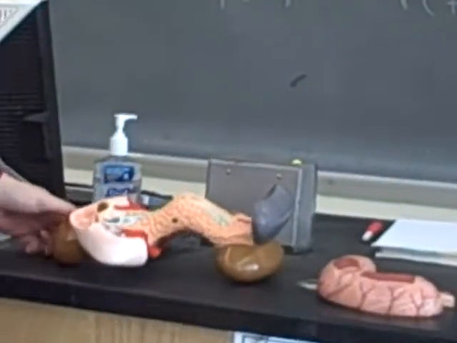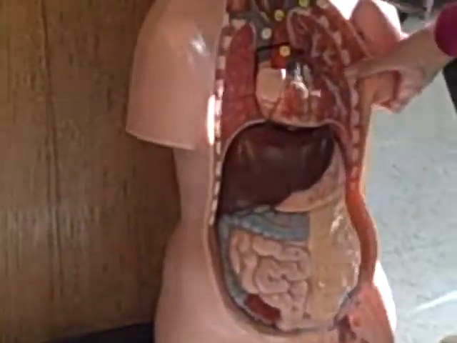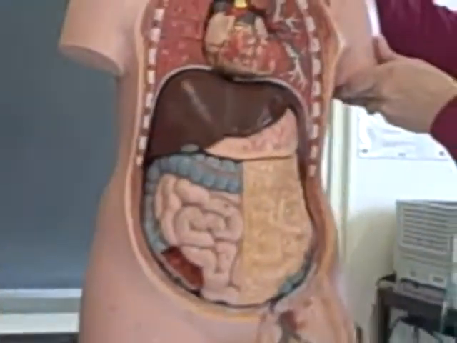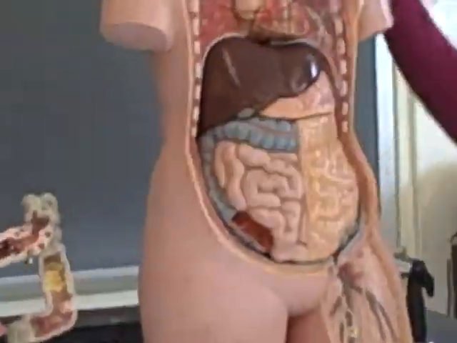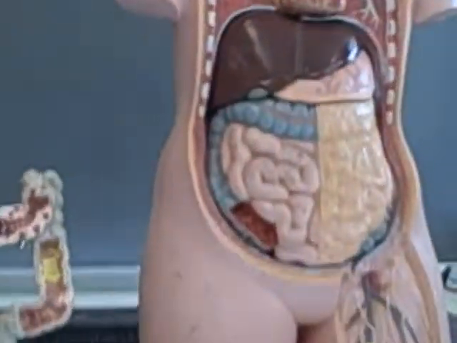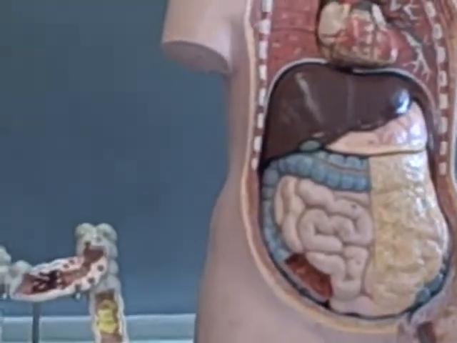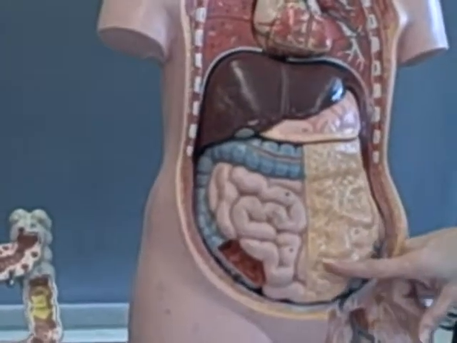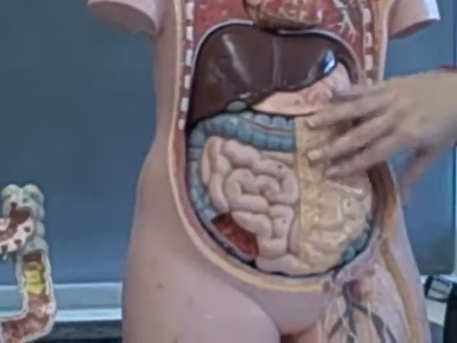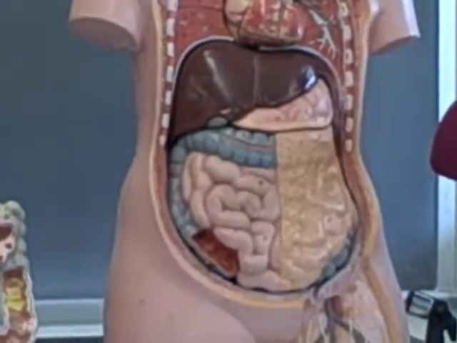Maybe, we'll see. Okay, the greater omentum. You can only see it on one model, so this is really cheating. This is what they try to scare you with to show you what belly fat can do. It makes you look flabby. This yellow mass covers not the whole abdomen, though it would in a real person.